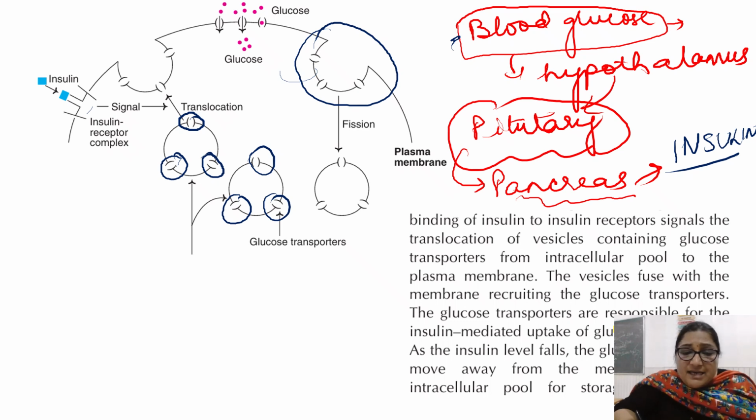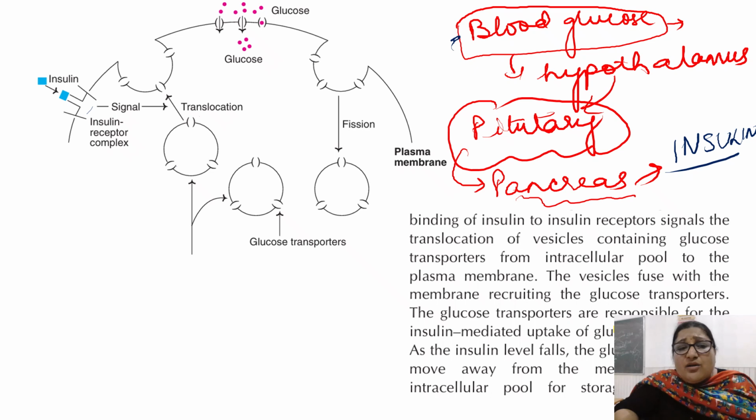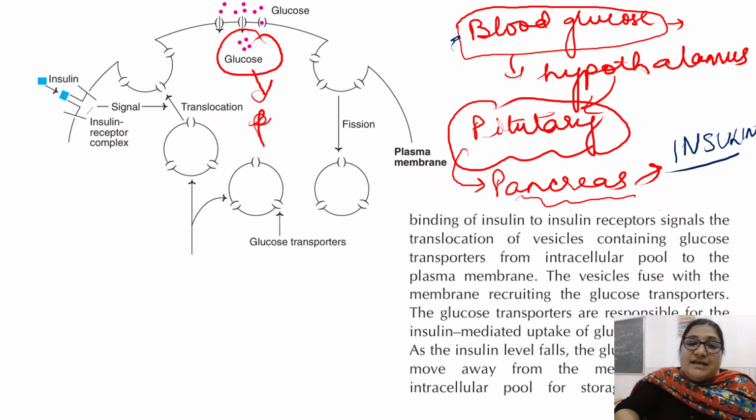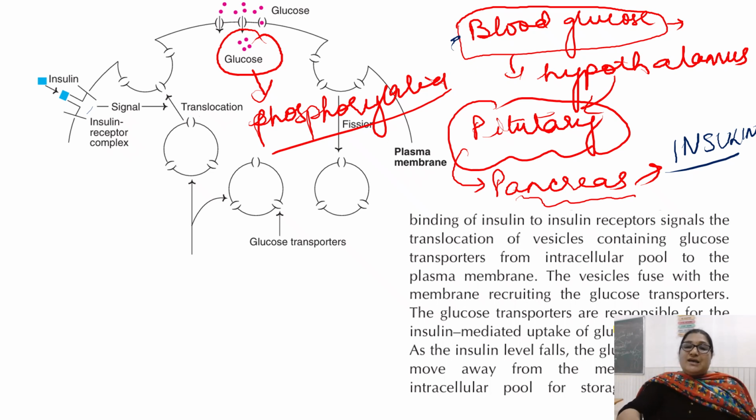When we see such a mechanism, it requires lots and lots of effort. Once the glucose enters the cell, so that it does not go out along the concentration gradient, it is phosphorylated. The phosphorylation is done immediately.